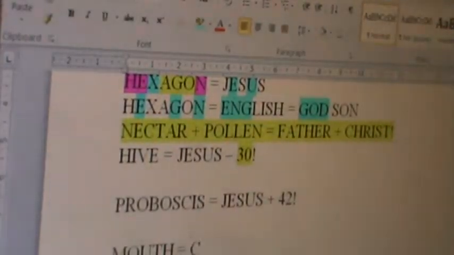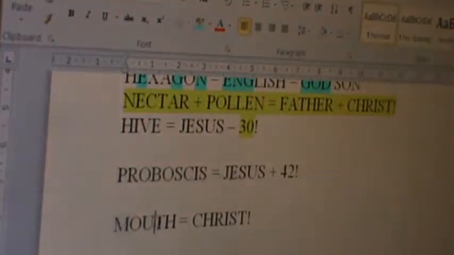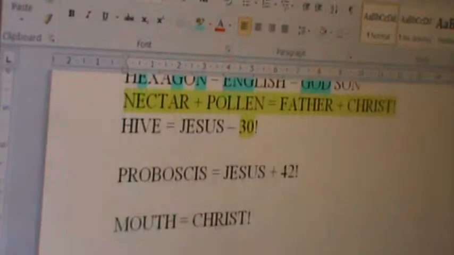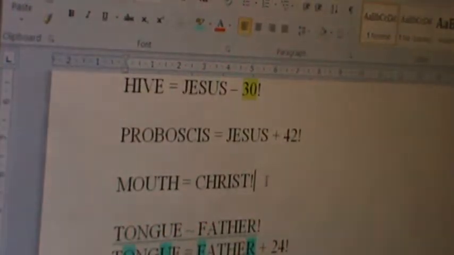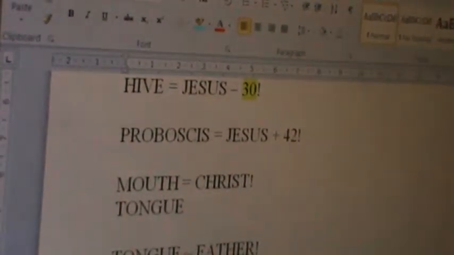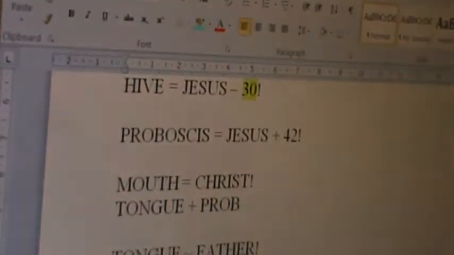Mouth equals Christ. Okay. With your 1 plus 1, your 2 2's, the rest of the letters divide by 3, just like in Christ. Tongue, we know it parallels Father perfectly, as I've already walked through. But in animals, the tongue rests inside; in insects, not necessarily called the mouth, but it's the proboscis. So tongue goes to Father.